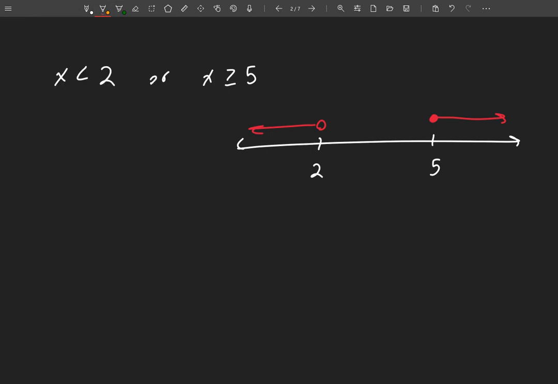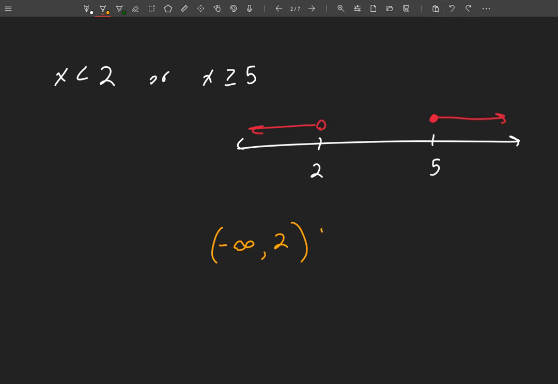And now let's create our interval notation for this. So on the left one, the furthest point left is negative infinity, not included, ever. And all the way up to 2, not included. And I've got union. Now, this isn't a U, by the way. It's convenient that union looks like a U, but it's not. So don't draw it with a stem.